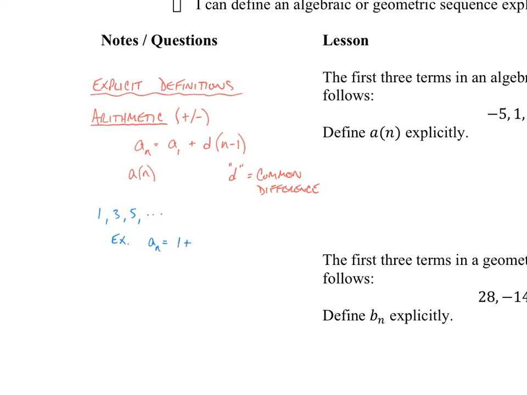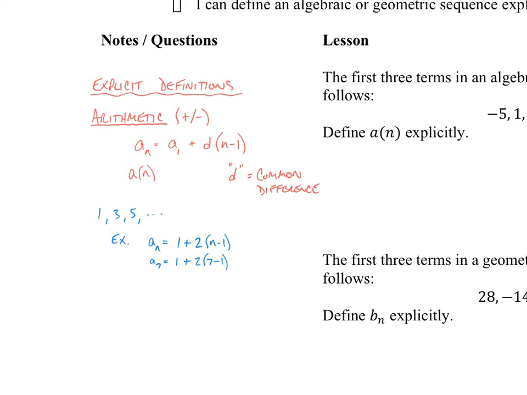My common difference in this case is 2 times n minus 1. And this formula would give me whatever term I want. So if I want to find term 7, I can just do 1 plus 2 times 7 minus 1, and that will tell me exactly what my 7th term is. All right, so it's pretty simple. If I get it to this explicit definition, then I can very easily turn that around and find any term that I want to in the future.